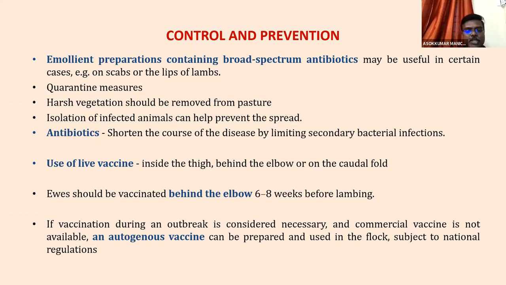Based on that, you have to choose the best route of administration. Usually they produce cell-mediated immunity, as pox viruses usually target cell-mediated immunity rather than depending on humoral immunity.